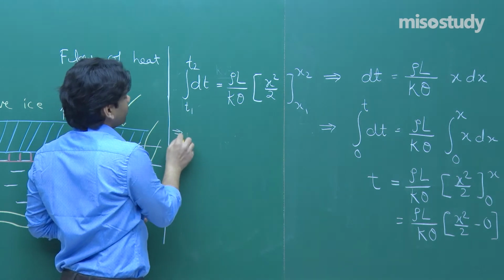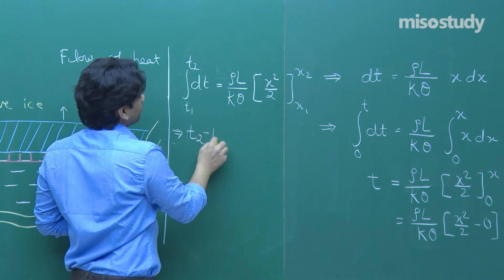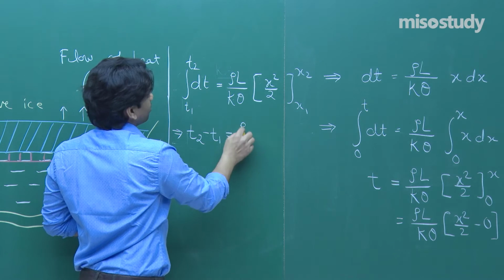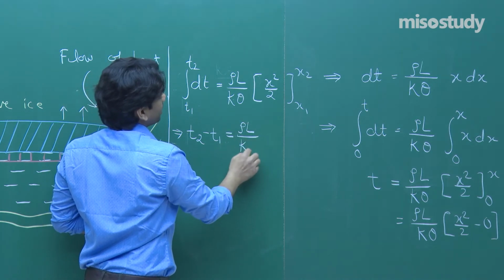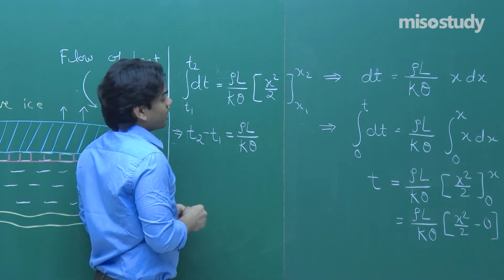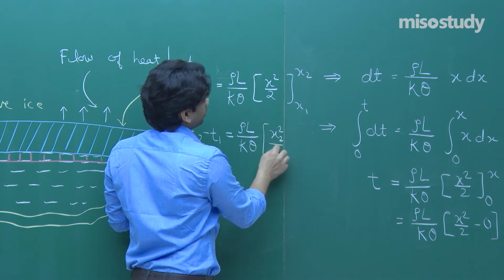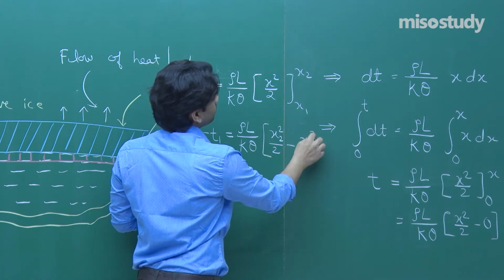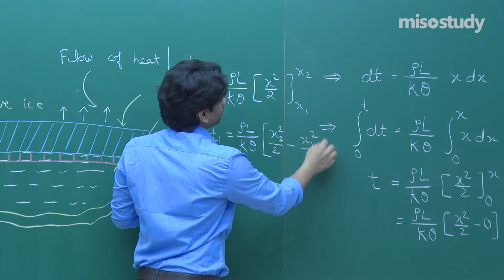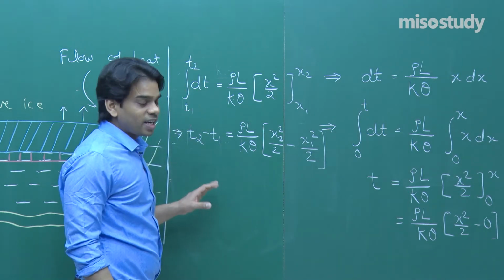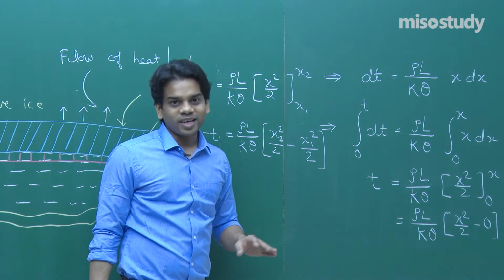We are going to have T2 minus T1 is equal to ρL by kθ, now x2² by 2 minus x1² by 2. We got this. Now we can substitute the values of x2 and x1.